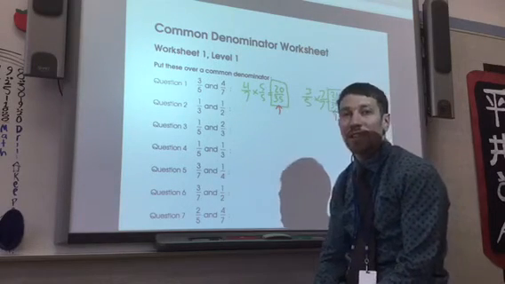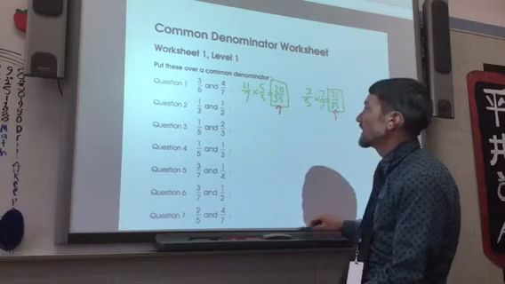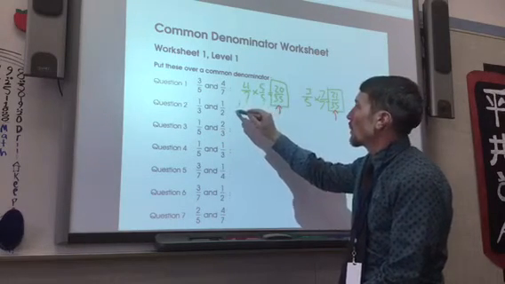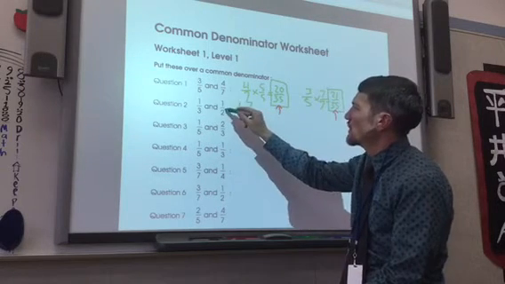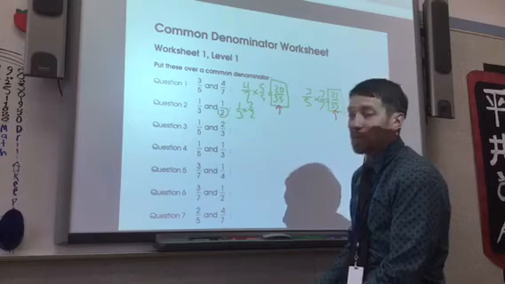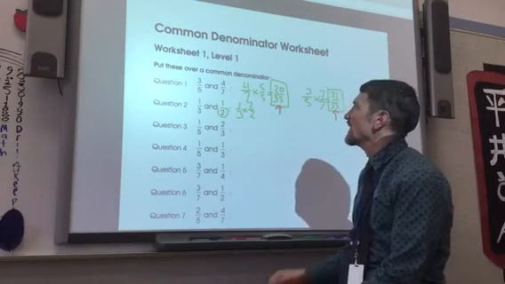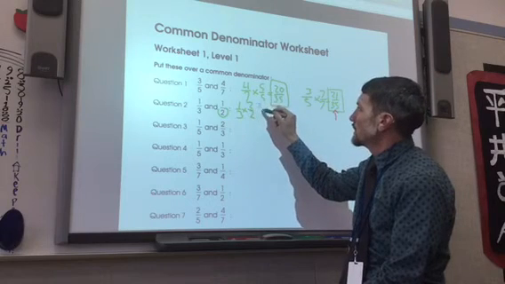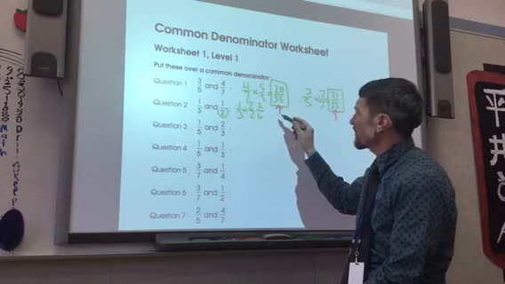Same thing with the next one. I've got 1/3. I'm going to multiply by a factor of 2. I'm going to multiply by the opposing denominator. 1 times 2 is 2. 3 times 2 is 6.